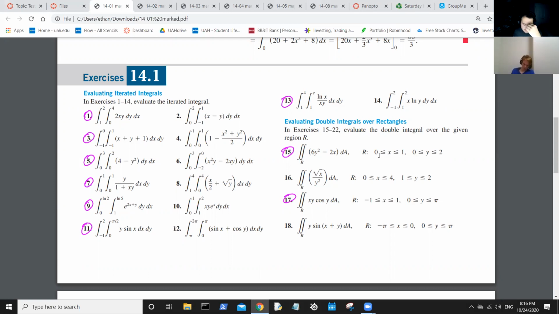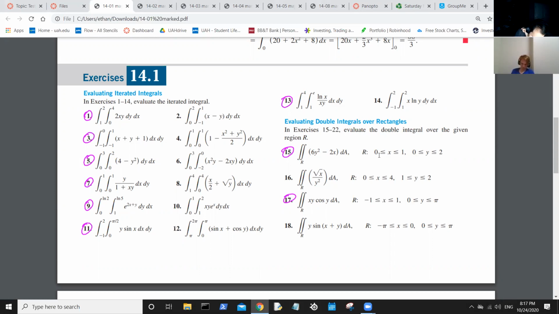You plug in 0, it'll be ln of 1, and ln of 1 is 0. So that goes away.